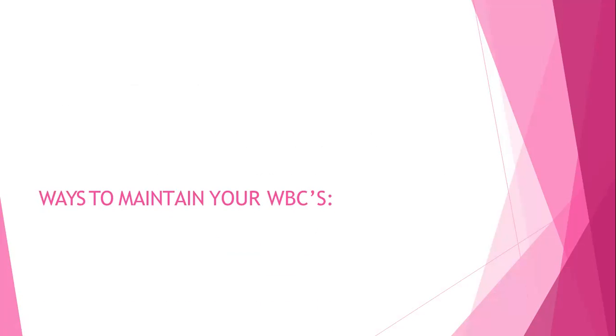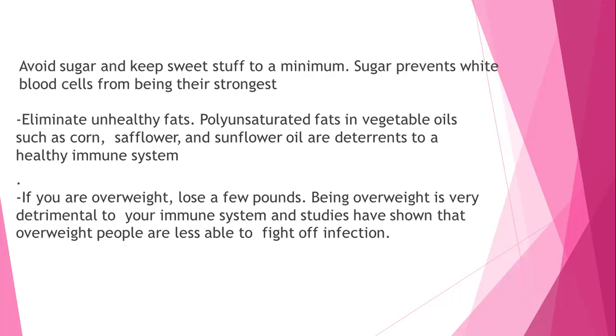Now we have finished the WBCs. As a doctor, you should know how to maintain WBCs, because maintenance of immunity and protection of our body is very important. Avoid sugar, keep the sweet stuff to a minimum. Sugar prevents the white blood cells from being their strongest.